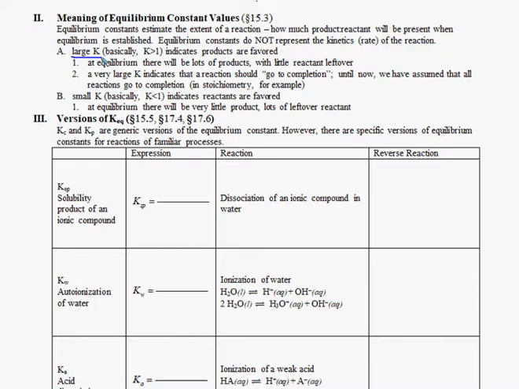That means if you have a lot of products created, you don't have a lot of reactants that are remaining at the end of the equilibrium. This was when you would sit down and calculate stoichiometrically, where one of your reactants was a limiting reactant. We described that as the reaction going to completion because it appeared that we completely ran out of one of those reactants.